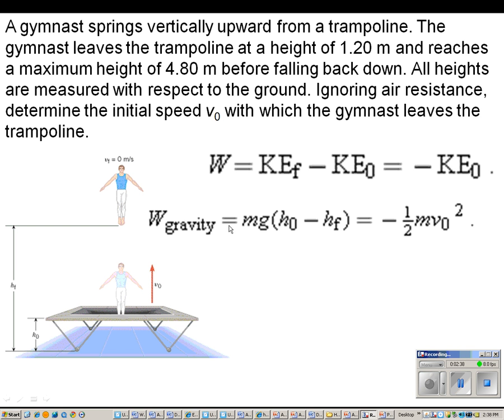In this case you'll see the masses cancel. h0 minus hf is 3.6 meters times gravity of 10, so there's 36 here. And we want to solve for the initial velocity. So you multiply each side by 2, and that negative sign is taken care of because h0 is smaller than hf, so the negatives will cancel. So you have 72 on this side equals v0 squared, so the initial velocity ends up being the square root of 72, 6 times the square root of 2 meters per second.